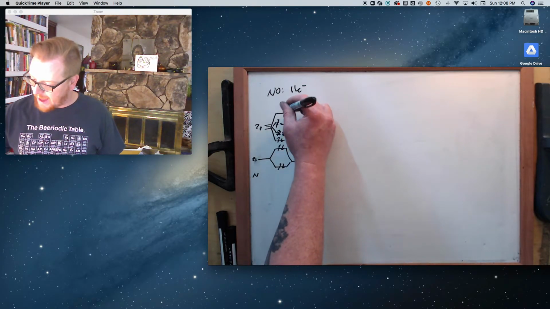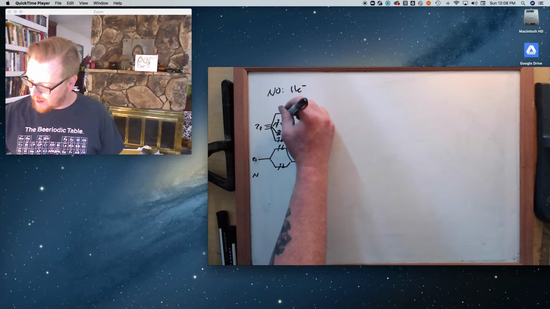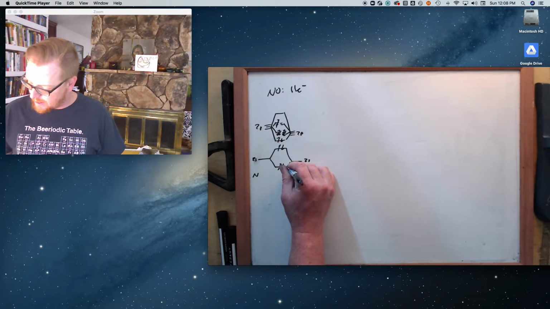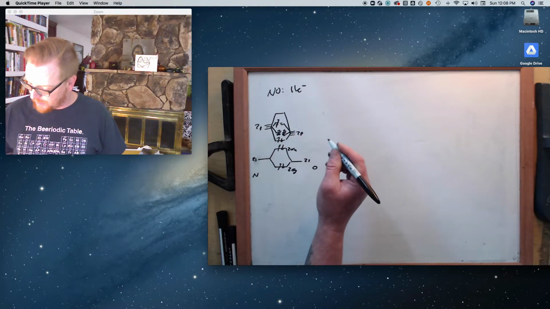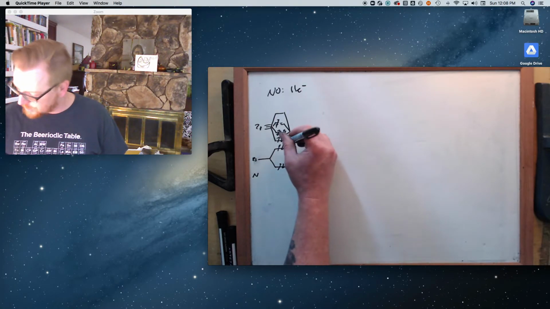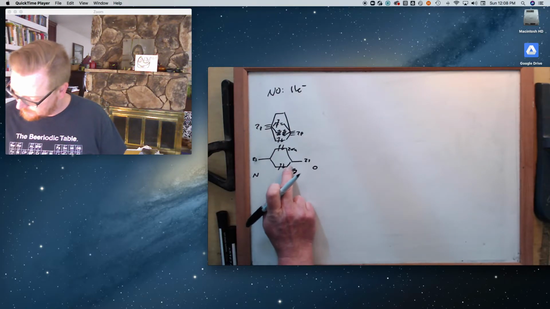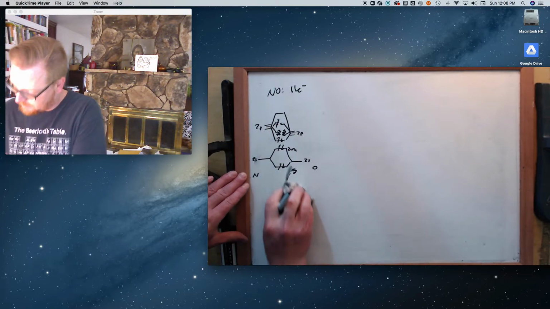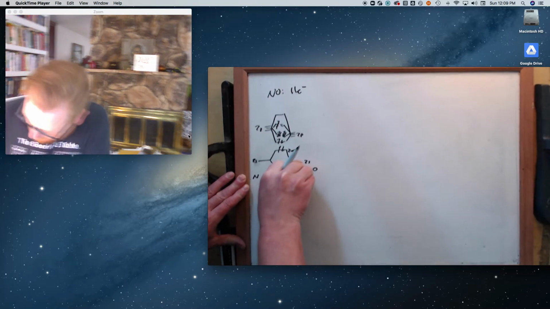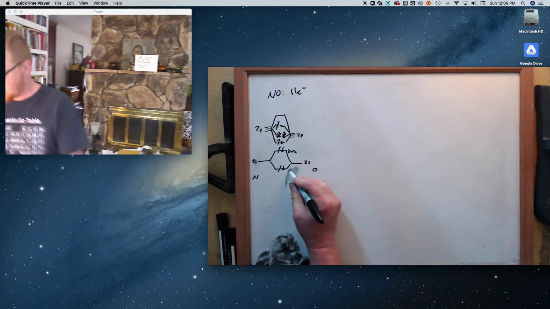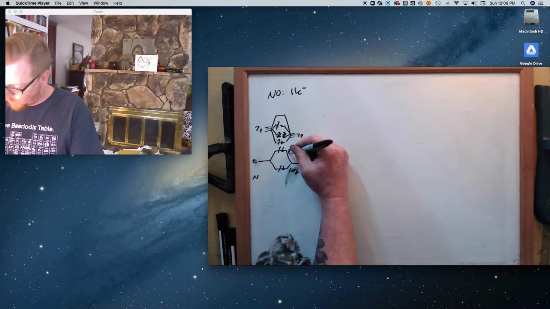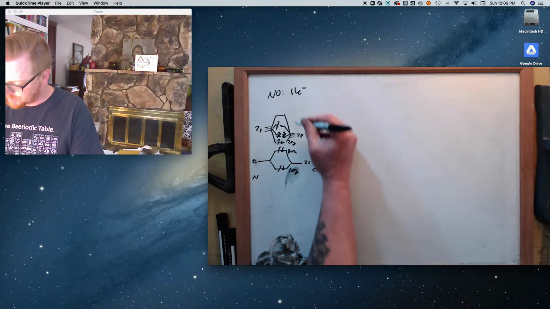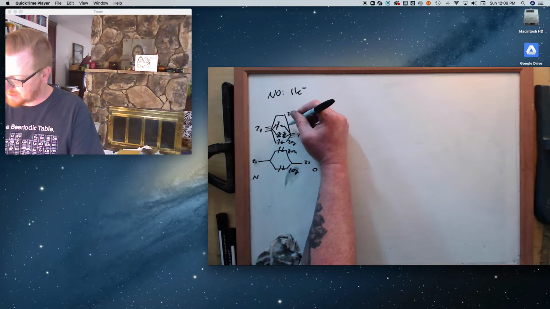And that outermost level makes it, so again, this is 1 sigma g, 1 sigma u, and then now 2 sigma g and 2 sigma u, and that makes this most outer layer 1 pi g.